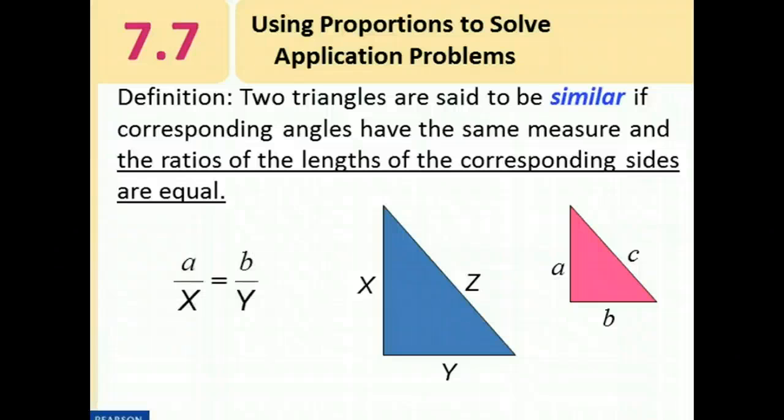For example, the ratio of A to X must be equal to the ratio of B to Y. Another proportion we can write is that the ratio of A to X is equal to the ratio of C to Z. And lastly, we could say that the ratio of B to Y is equal to the ratio of C to Z. So again, we're just stating that the ratios of the lengths of the corresponding sides are equal to each other, and that gives us a proportion.